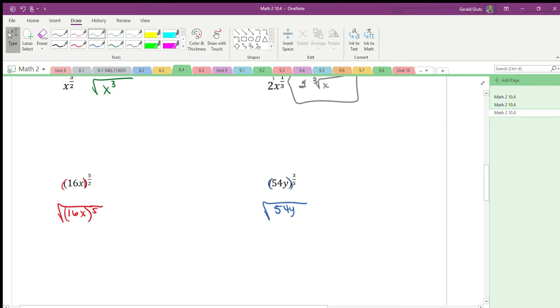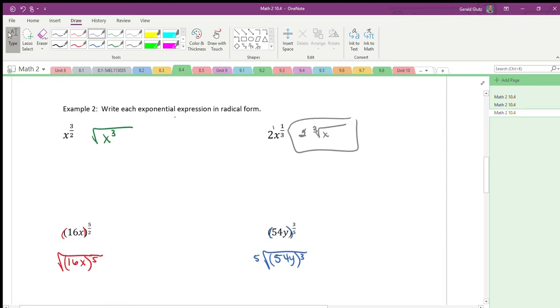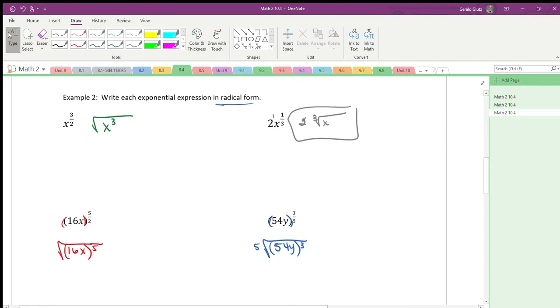Whoops, I forgot the y. So 54y will have an exponent of 3 and a root of 5. If I was trying to solve this, this 5 means that I need 5 of the same number inside of here in order to have something come out. But all it said was to write in radical form, so that's all I had to do.